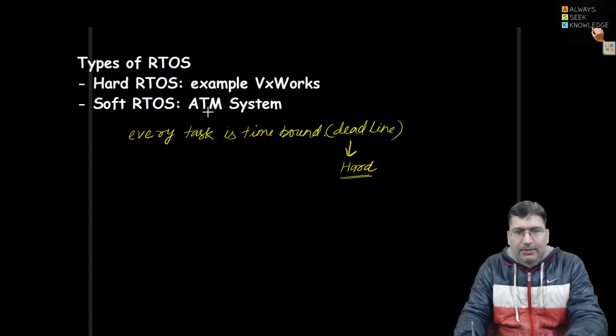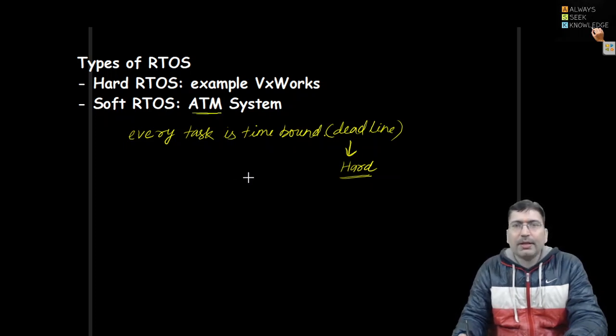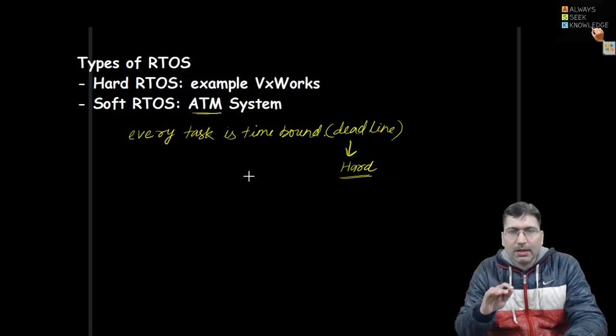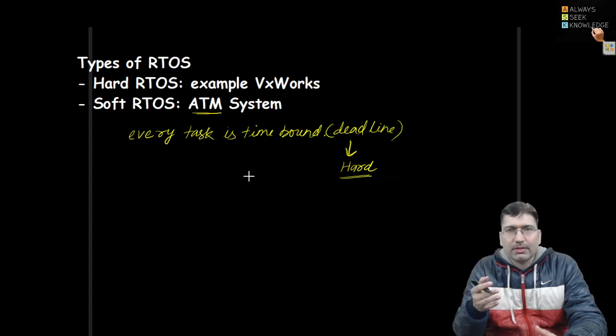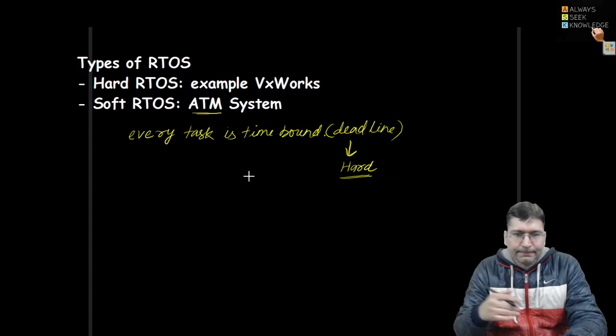Then the soft real-time system, like an ATM system. In an ATM system, we insert our card, type the PIN, type the amount, and then we wait for the dispatch of the cash. If it is delayed by 1 minute or 2 minutes, it is okay, or 3 minutes. So there is a deadline. After some time, it will show you a timeout kind of message, but it is not that hard in nature, right?